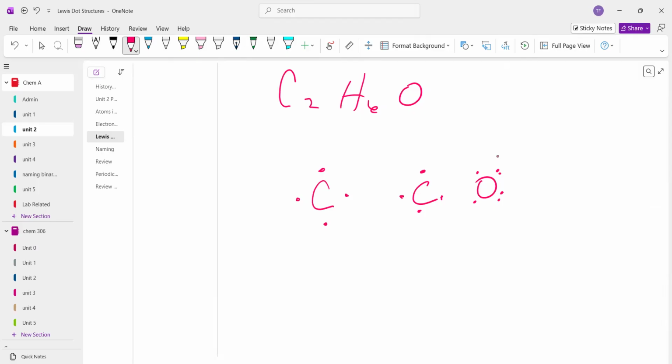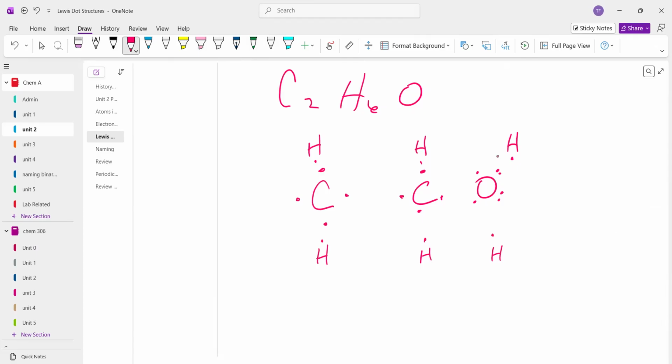What's it, 5 H's? Oh, no. Oh, 6, yeah. 6 is fine. Okay, so let's just scatter them around. And remember now, you can move those around. They're not locked in place.